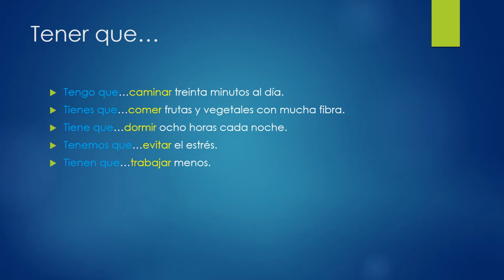Tienes que comer frutas y vegetales con mucha fibra. You have to eat fruits and vegetables with a lot of fiber. Tiene que, he, she, or it has to, dormir 8 horas cada noche. Sleep 8 hours every night.